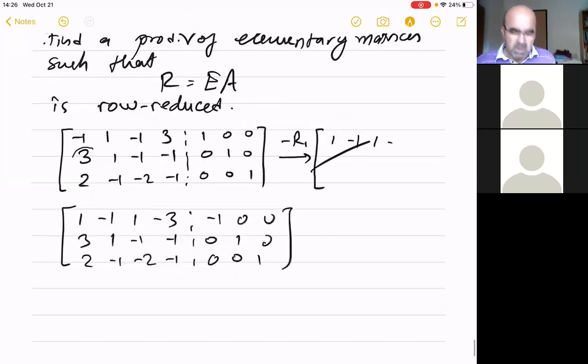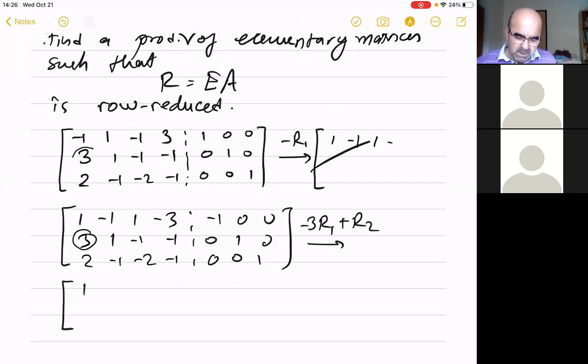And then you make that entry 0. In each step you should do a single row operation, just a single row operation. Let me do it once again. So from here, minus 3 times row 1 plus row 2.